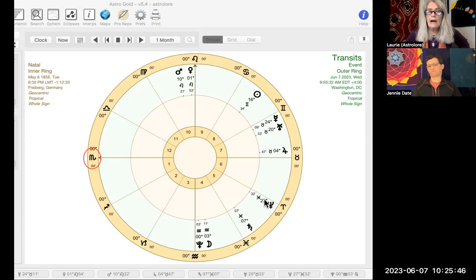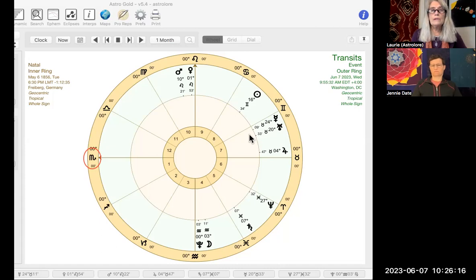Mercury in general, unless it's doing a retrograde, is going to move very quickly from house to house, maybe 3 weeks in a house. You might find yourself having more conversations about that area of your life while Mercury is moving through that area.